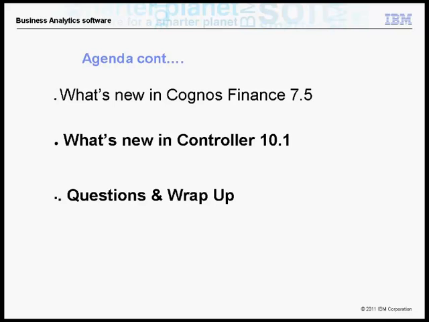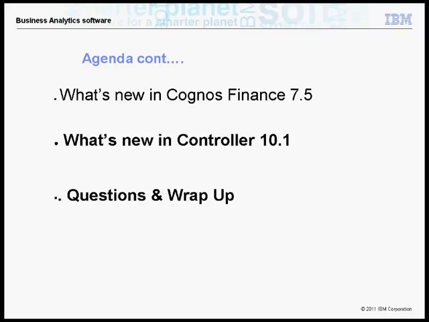Now I'm going to hand it over to Mike Nikivicus, who's going to take us through a quick brief on what's new on Cognos Finance, and then we'll continue with Controller 10.1. Mike? Thanks, Ivan. Basically, I'm going to go over a couple slides to go over just what the consolidation software in Cognos is about.